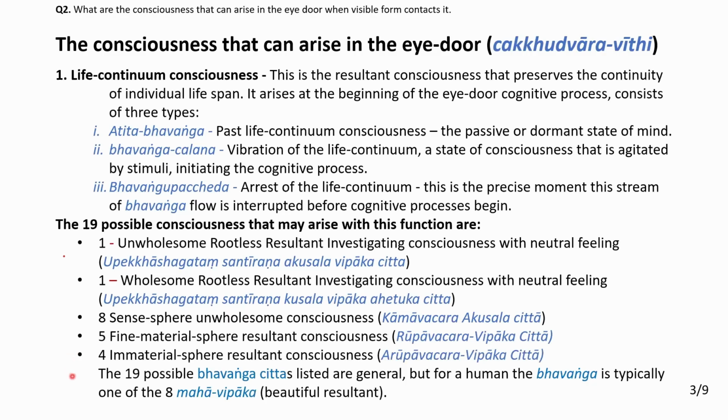So these 19 possible bhavanga listed are general. But for a human, the bhavanga is typically one of the 8 Maha Vipaka, the beautiful resultants.